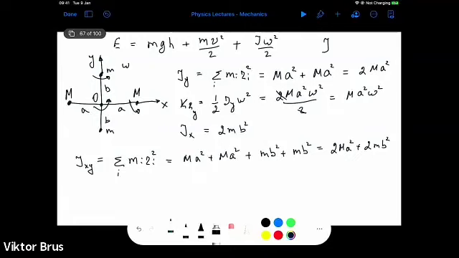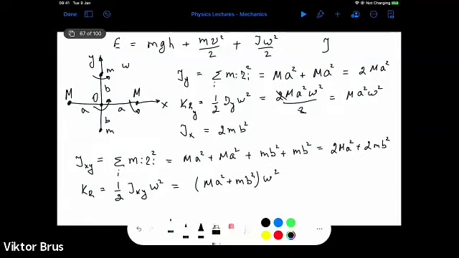And the kinetic energy for such rotation in the plane x, y for this given system of masses will be 1/2 I_xy omega squared, and this will be (ma squared plus mb squared) times omega squared.